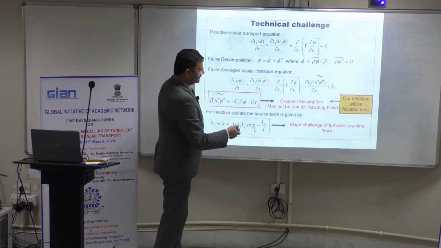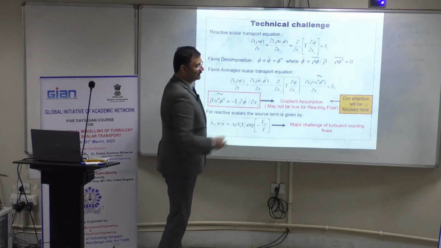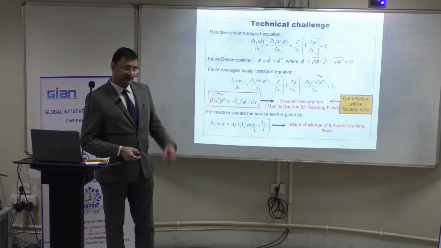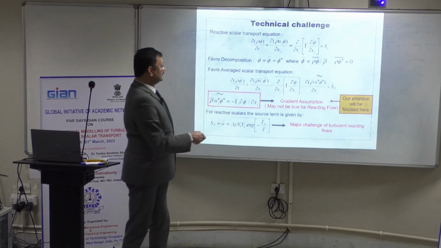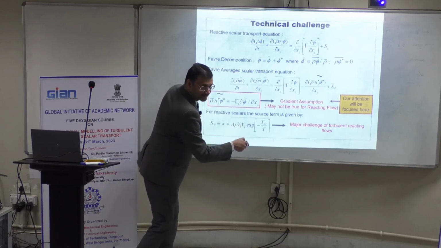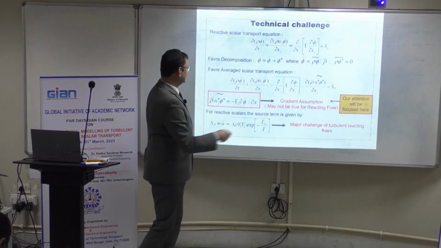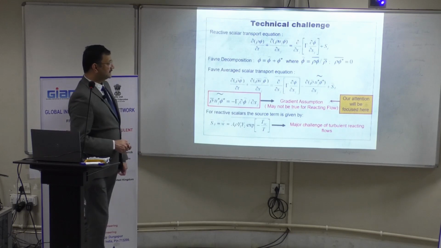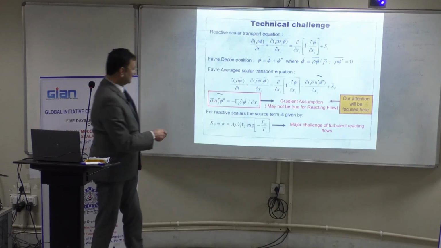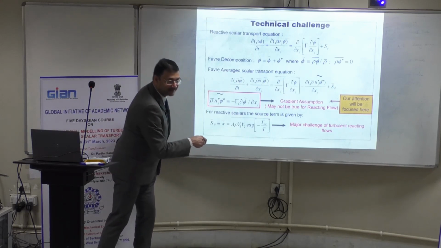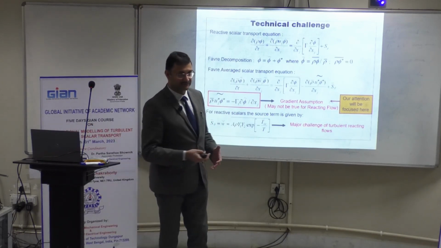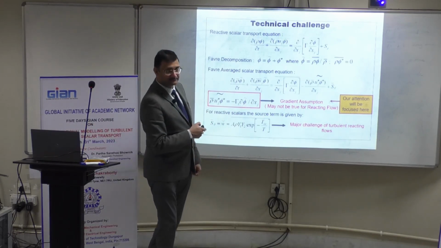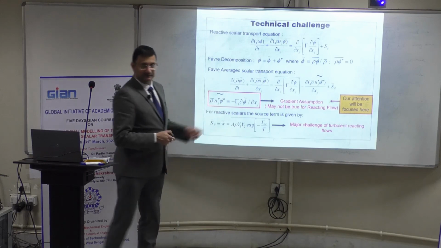The closure of this was briefly discussed earlier, how to actually model the reaction rate. Today we are going to talk more about this. This quantity is commonly referred to as the scalar flux and usually modeled like this. Most of the time, if you look at the commercial codes, that's what you are going to get. It's called the gradient hypothesis.